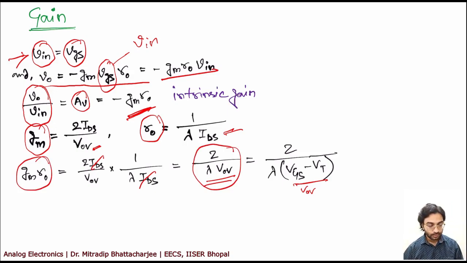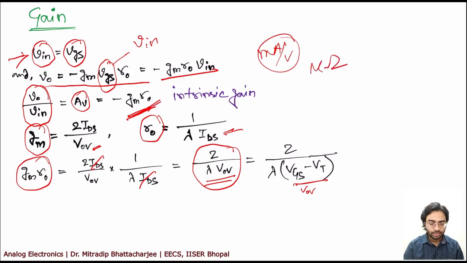Now, if you take typical values of this, what is the value of GM? It will be a few milliampere per volt, and for R0 it will be in some mega ohms. So if you see this GM R0 value, mega ohm means 10 to the power 6, and milliampere means 10 to the power minus 3.